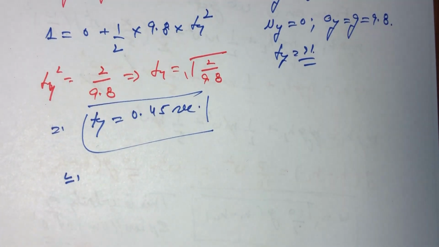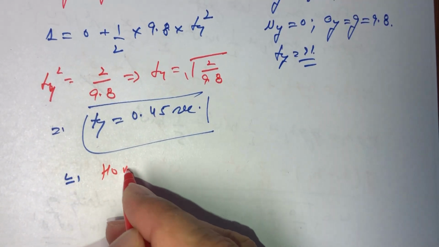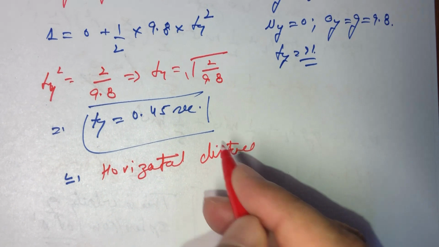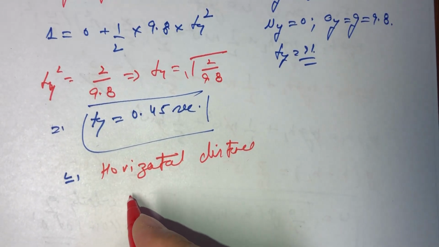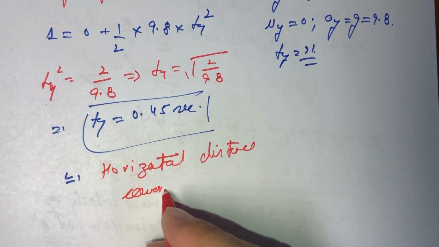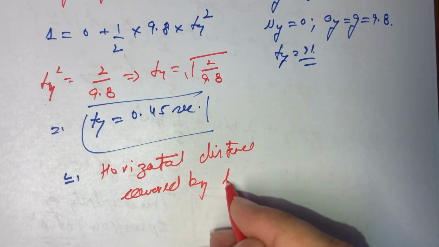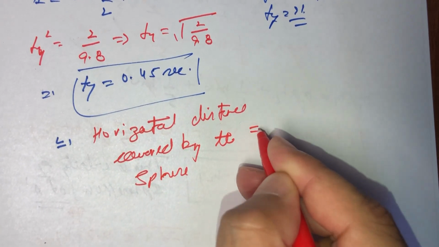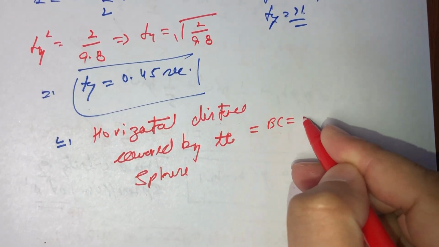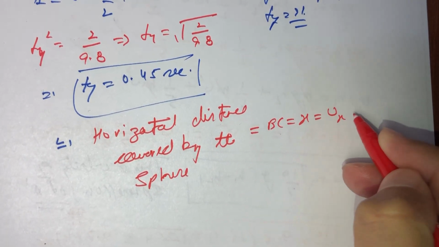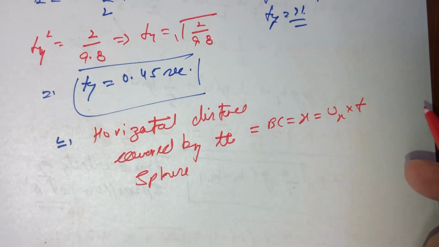So we can find out the horizontal distance covered by the sphere. This is equal to BC, which is equal to x, and it will be equal to the horizontal speed, that is Vx, multiplied by the time.